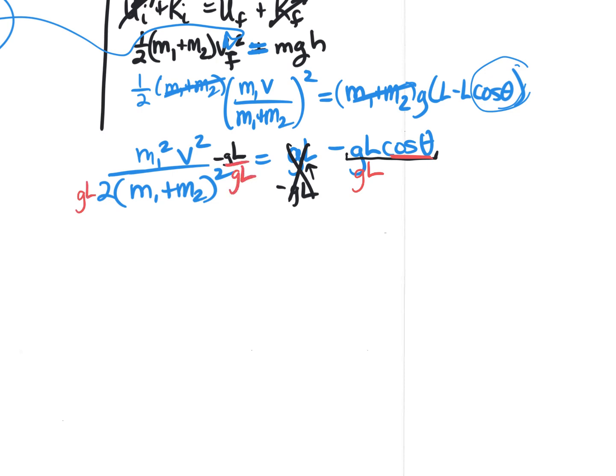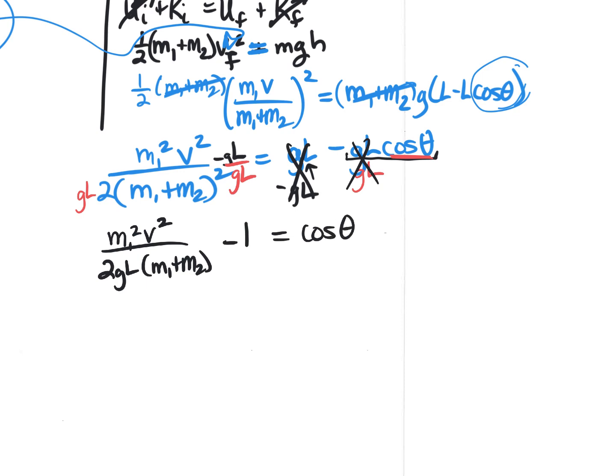Okay? So let's look at what I have here. That goes away. So I have m1 squared v squared over 2gL (m1 plus m2) squared, minus 1, equals cosine theta. And now, how do I get rid of the cosine part? How do I undo cosine?